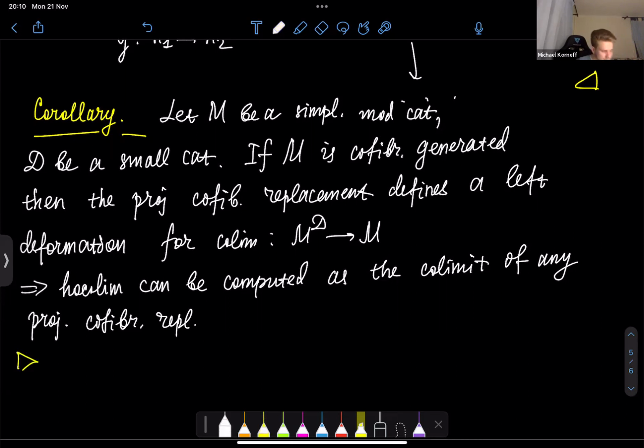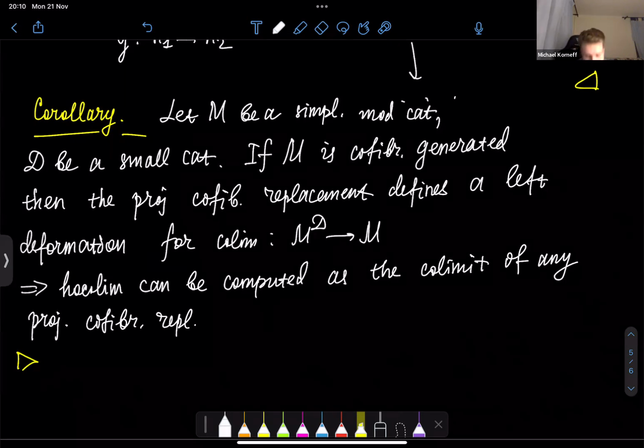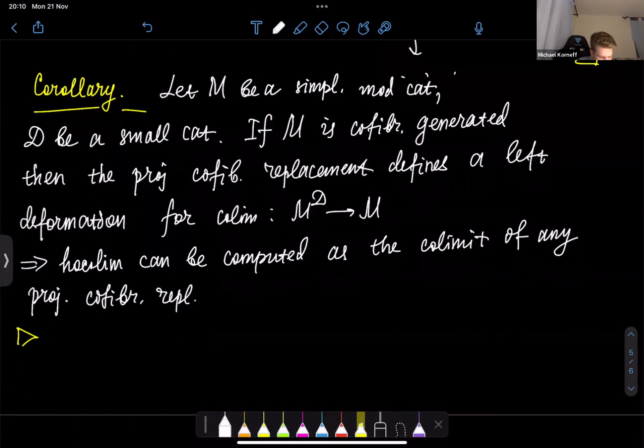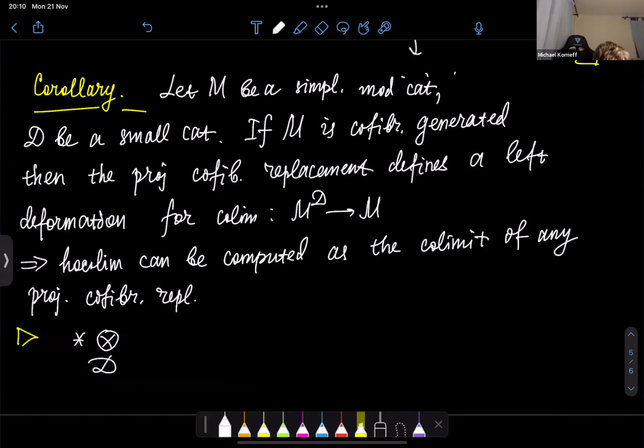The proof is easy. We know that the usual colimit is just the following tensor product functor.